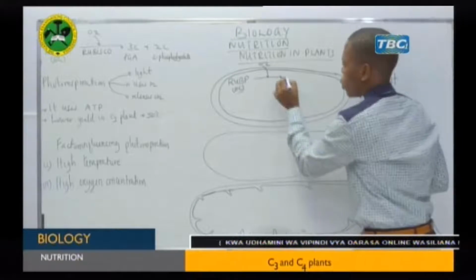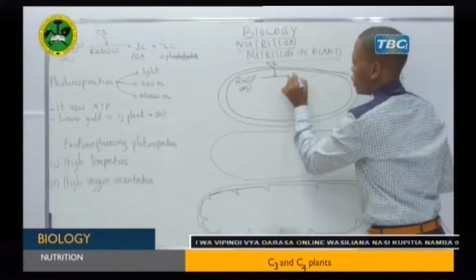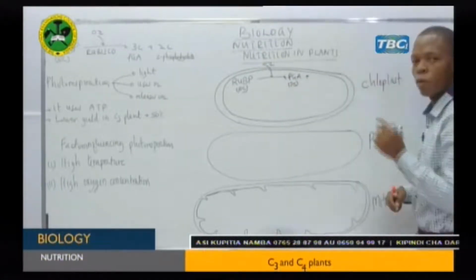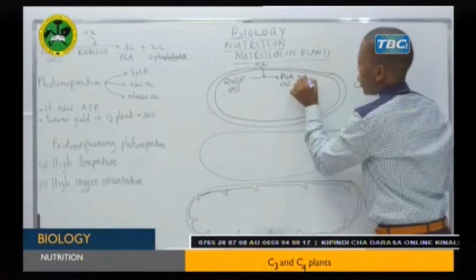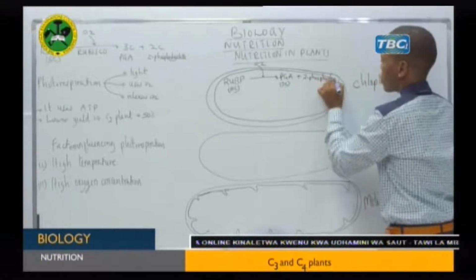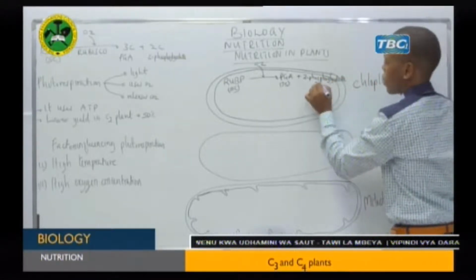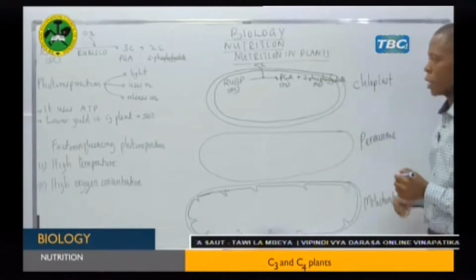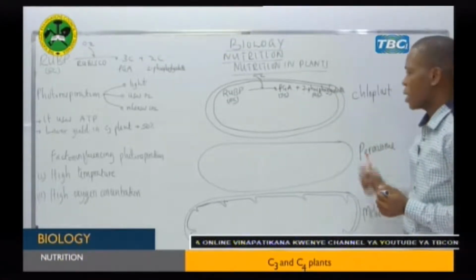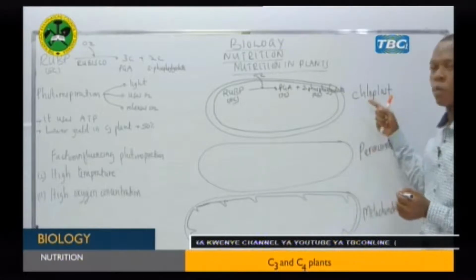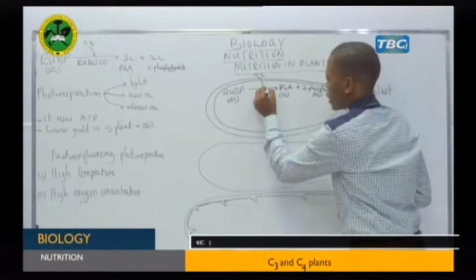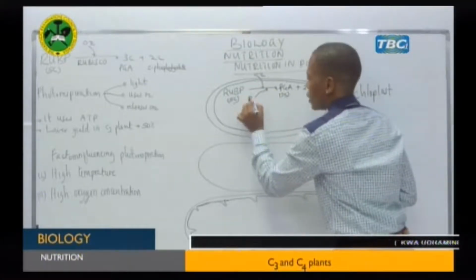One molecule is a 3 carbon compound, PGA, and another molecule is a 2 carbon compound, which we call 2-phosphoglycolate. Yes, as I told you, this phosphoglycolate cannot enter into the Calvin cycle. Rather, it is converted through different organelles: chloroplasts, peroxisomes, and mitochondria. But remember that this reaction is catalyzed by the enzyme known as rubisco.